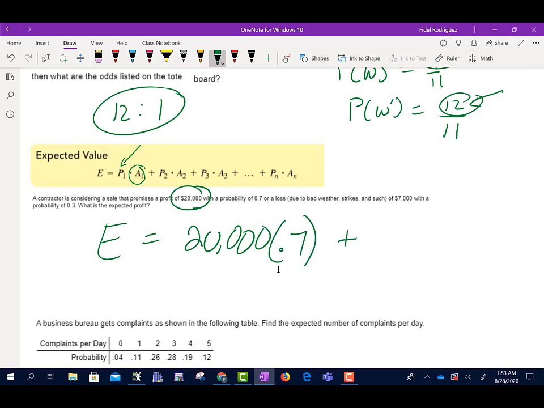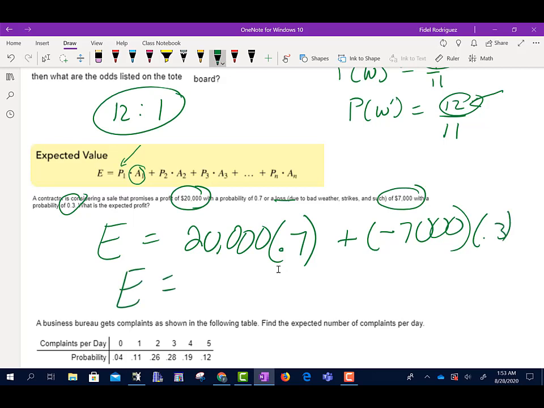And we might lose, right? It's a loss of 7,000. If it's a loss, I need to think about it as a negative 7,000 with a probability of 0.3. Okay. And now we will find our expected value.